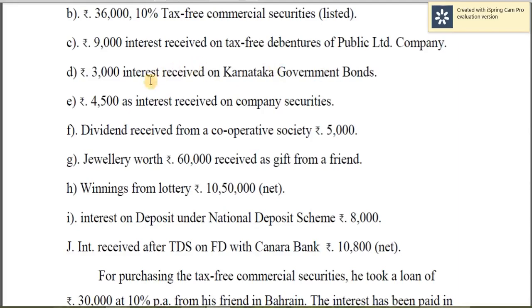No TDS, so the entire amount should be taken as income. 4,500 received on company securities. If nothing is mentioned, it is taken as a tax-free commercial security. So 4,500 is received after TDS of 10%, and 4,500 into 100 by 90 is the procedure for grossing it up.